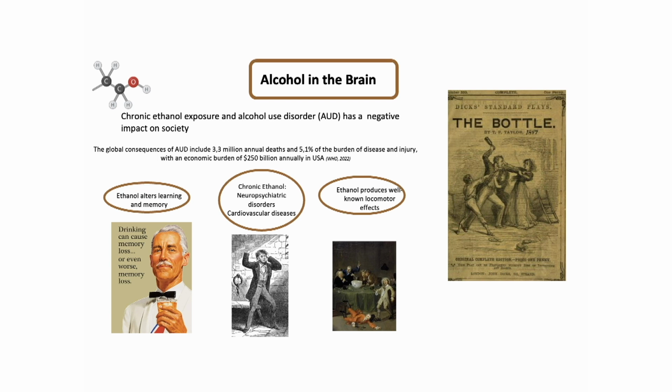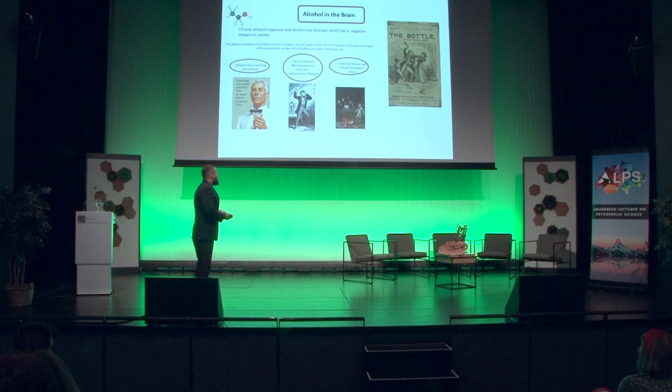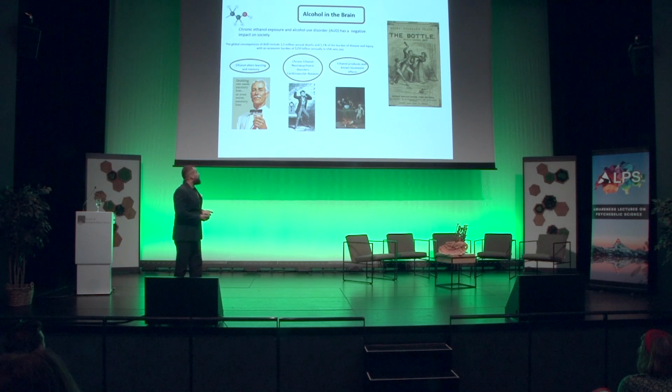cognition, because we know that ethanol is strongly able to modulate and impair learning and memory processes. Ethanol produces very well-known locomotor effects, and chronic ethanol exposure is able to induce the development of cardiovascular disease, but also neuropsychiatric disorders.